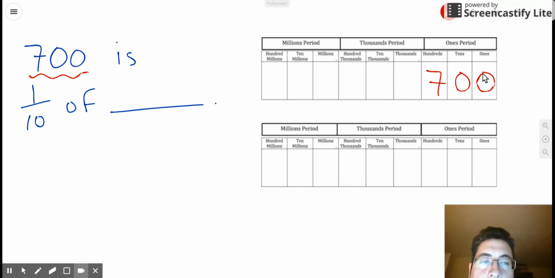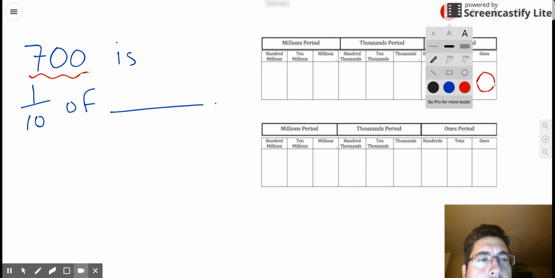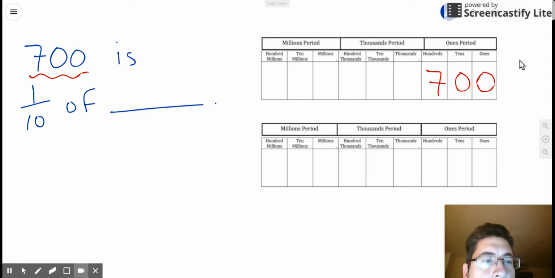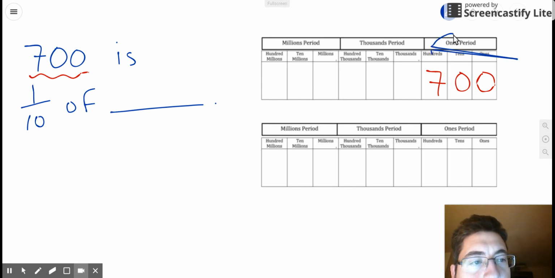Well, let's take a close look at the hundreds place and figure out what place the hundreds place is 1/10 of. Well, remember, at the very beginning of the video, I reminded you guys that the hundreds place, or any place value position, is 10 times greater than the place value position.